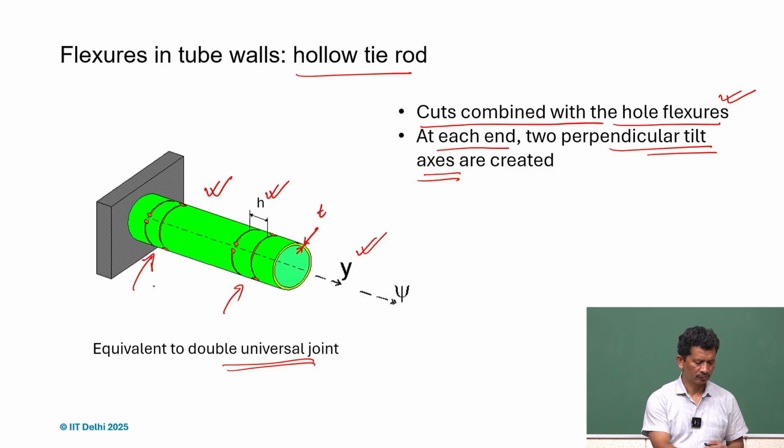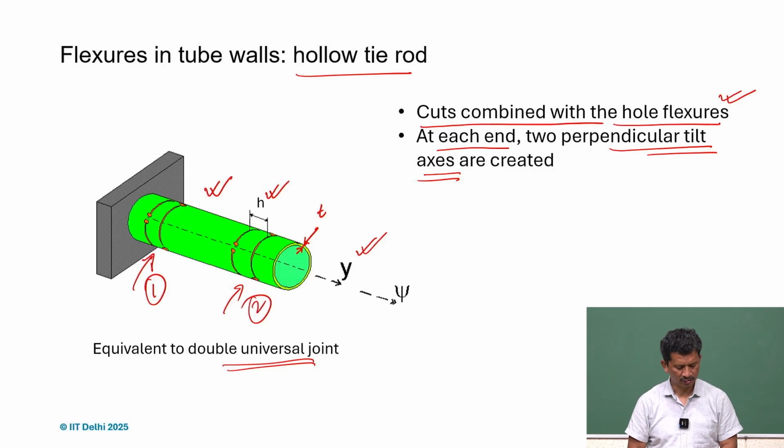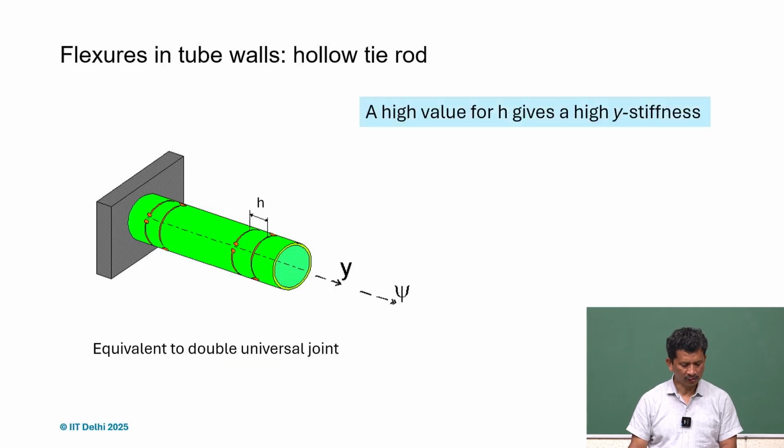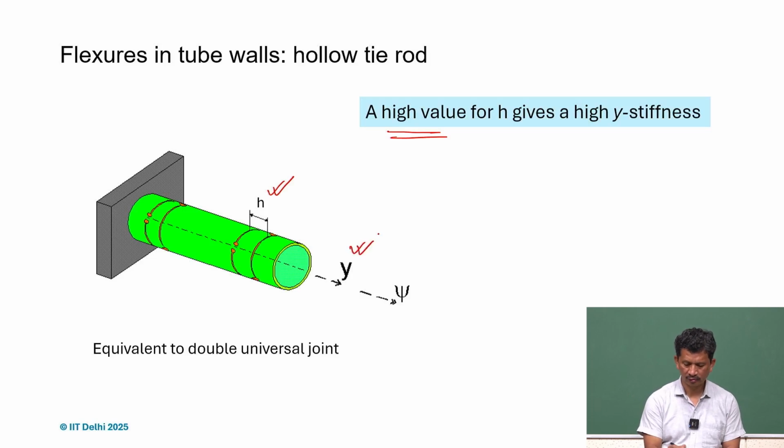So at ends 1 and 2, we can create a very good mechanism here. What we also realize is that if this h has a high value, so the width is large, that section will be rigid, and therefore the y stiffness will be very high.